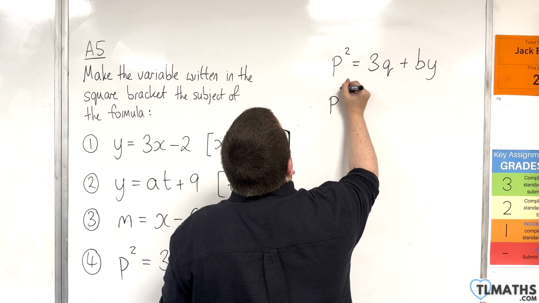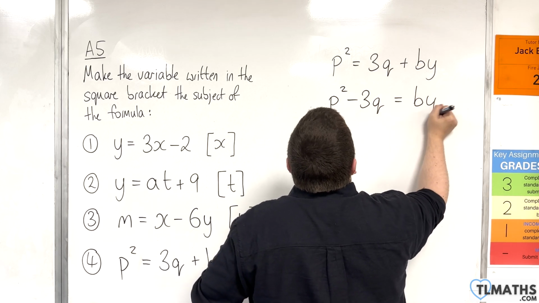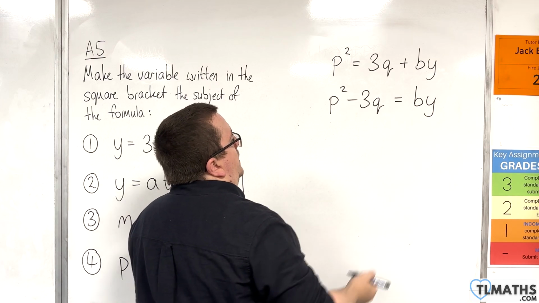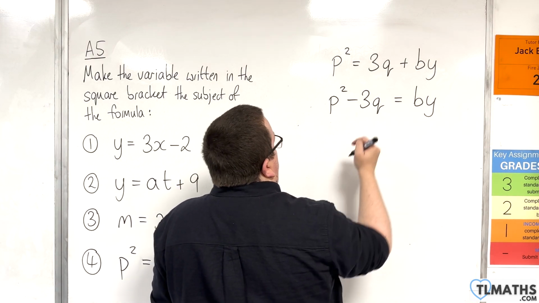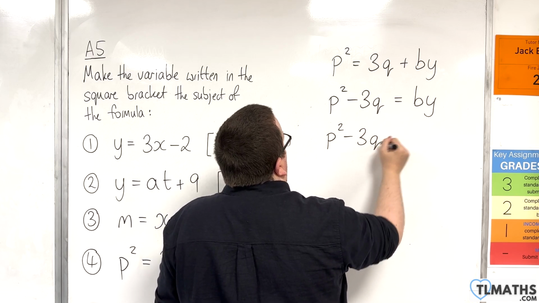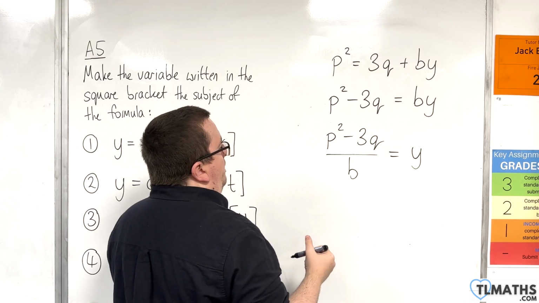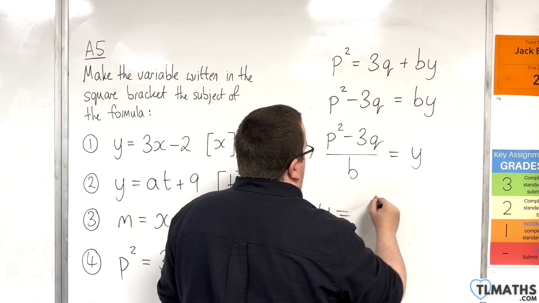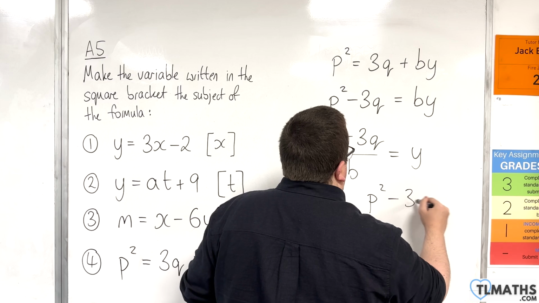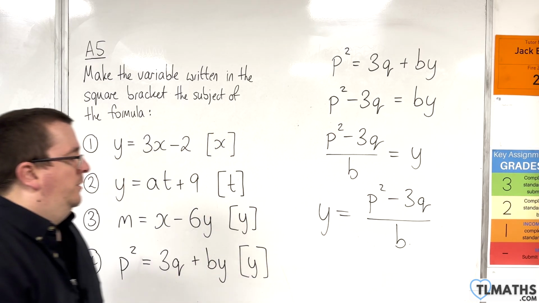So p squared minus 3q is by. And then to get y equals, I just divide through by the b. So p squared minus 3q divided by b is equal to y. So if I write it this way round, y is the subject of the formula.